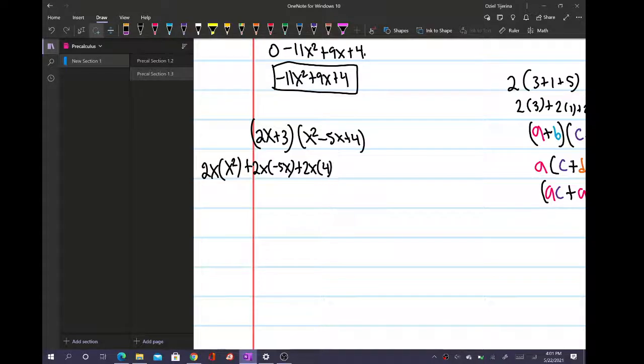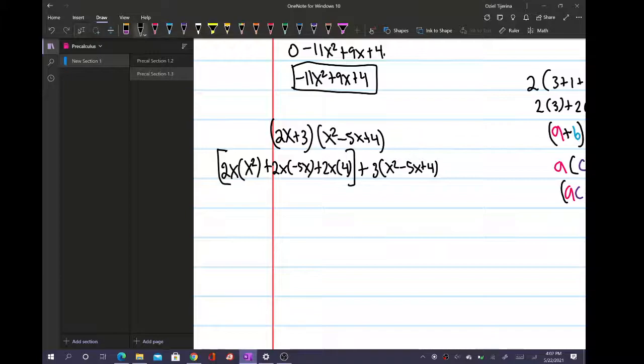And then we can go ahead and put brackets on this, right? Plus 3 times x squared minus 5x plus 4. In reality, we can say that this is equal to 2x times x squared minus 5x plus 4, plus 3 times x squared minus 5x plus 4, right?